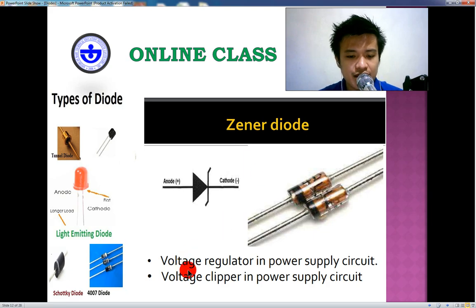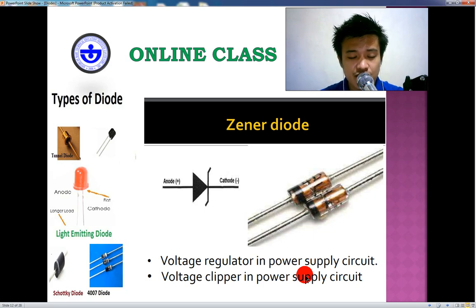Zener diode is a voltage regulator. One of its applications is a voltage regulator in a power supply circuit, because it has the ability, once the supplied voltage is at its maximum or more than the limit, and it depends also on the type of Zener that you have, to create a constant voltage output.